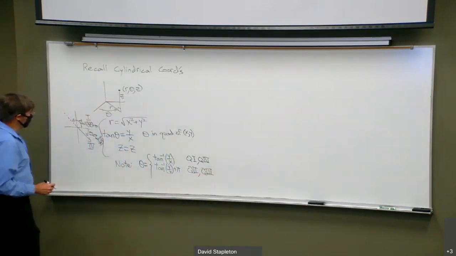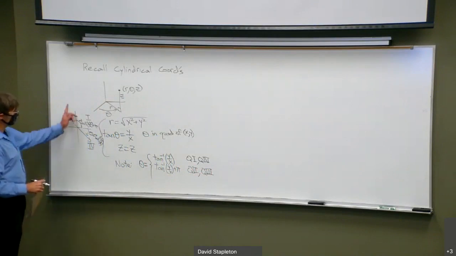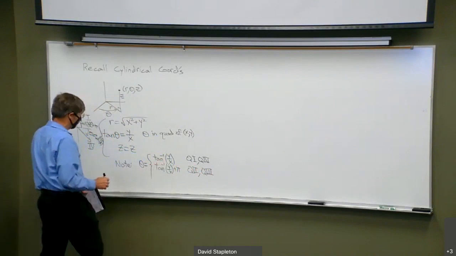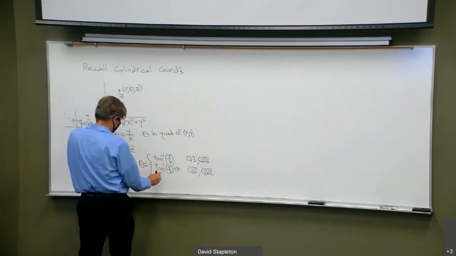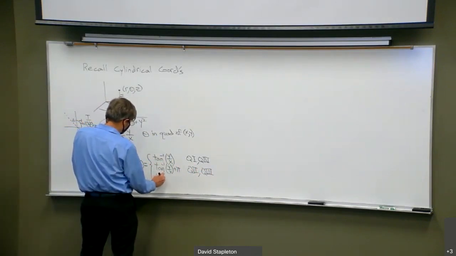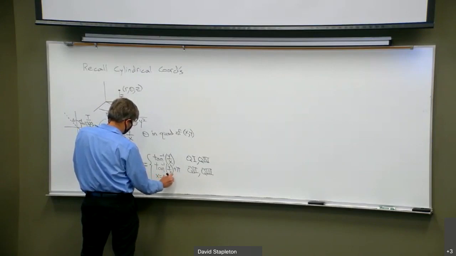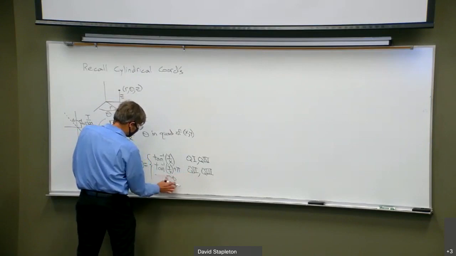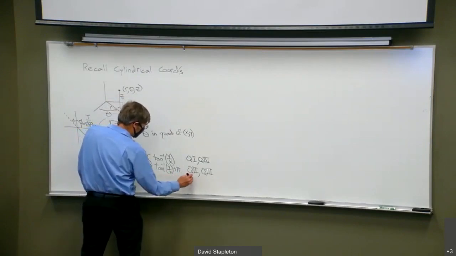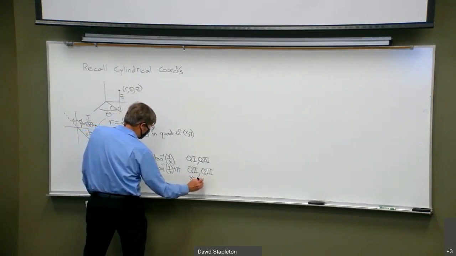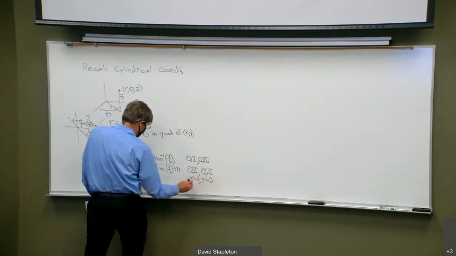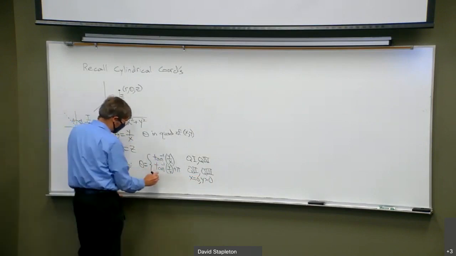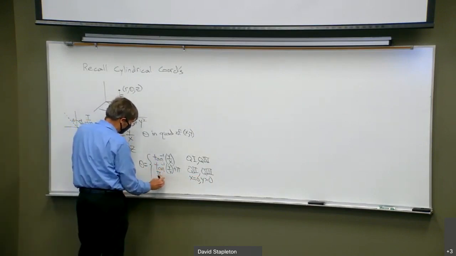Now, there's always a chance that it's along the y-axis somewhere, in which case x is 0 and you can't do this computation at all. So if x equals 0, y is positive, then you say that the angle, well, I was pointing along the positive y-axis, so theta equals pi over 2.